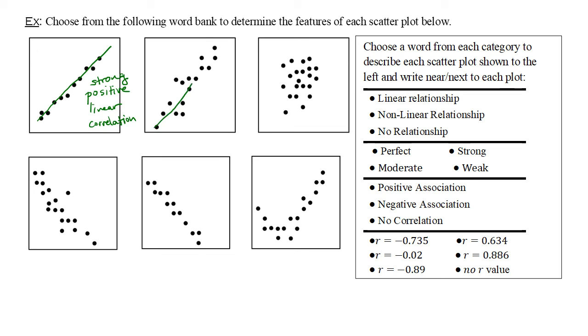Again, if I try and draw a line through the data, it fits pretty closely to a line. In other words, we see this overall upward trend in the data. But notice it doesn't fit as strongly as the data here, but it still fits pretty well. So I'm going to say that this still has a strong positive linear correlation.